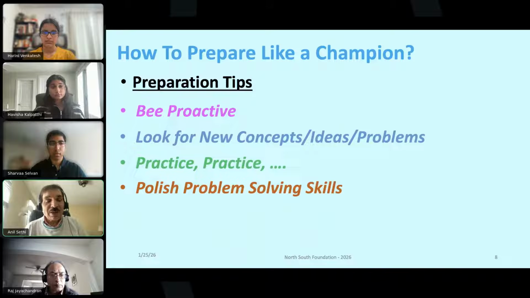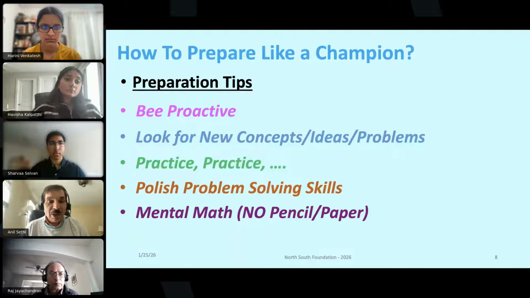Also, connecting the dots: sometimes you have two different problems that seem quite different from each other, but if you go deeper, you'll find that they're connected. And mental math skills, everyone should practice these without pencil and paper.